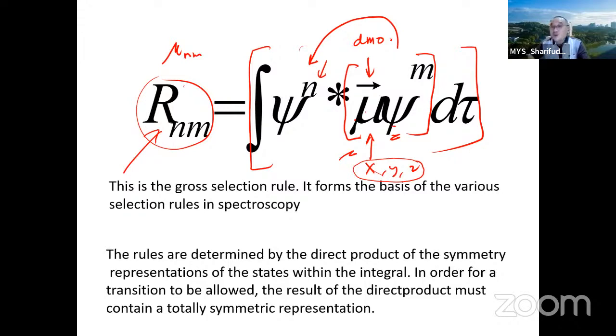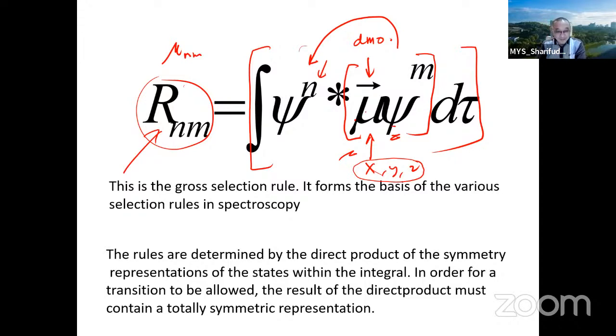The value of how much transition actually occurs, we can know if we evaluate the integral mathematically. But it is sufficient to say that if it is 0, no transition; if it is non-zero, there is transition. That's the grossest, most basic rule.